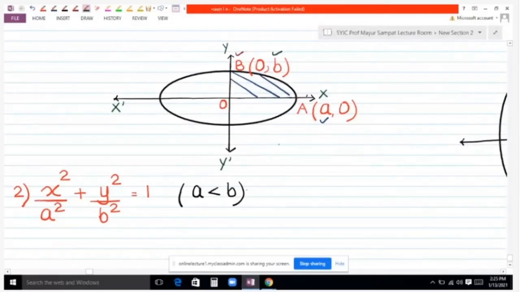The reason is that in case one the x-intercept a is greater than the y-intercept. That is why the distance from the origin to A is greater than the distance from the origin to point B.